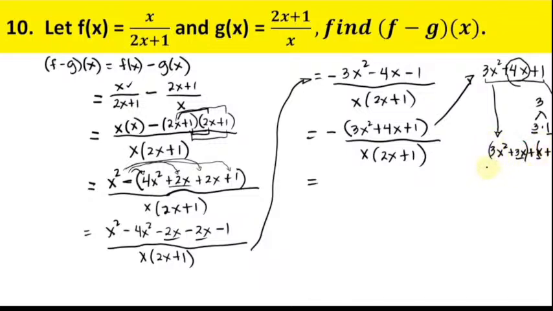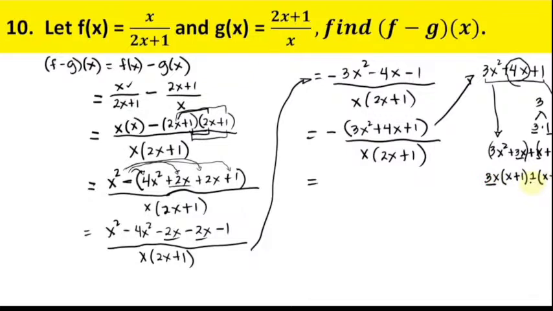So ang common dito, anong common sa 3x squared plus 3x? So ang common is 3x times, so 3x squared divide 3x, that is x. 3x divide 3x, that is positive 1. Then common sa x plus 1, that is positive 1. So x divide 1, that is x. 1 divide 1, that is positive 1.